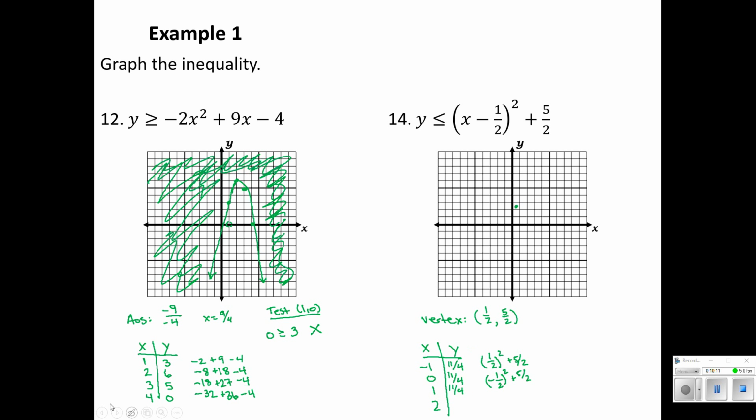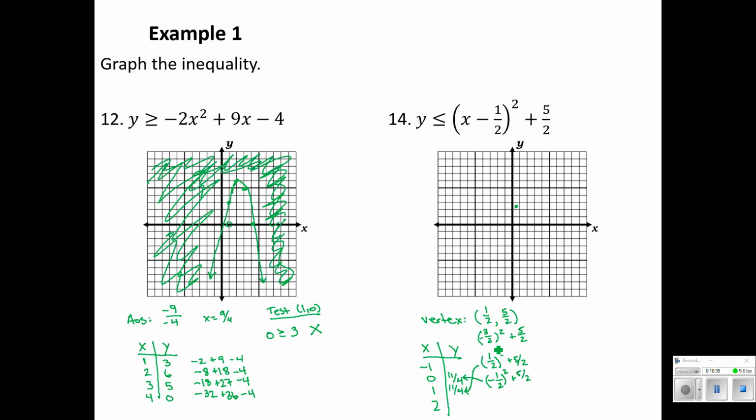Shoot. Okay. Just going to erase that. All right, so this work actually went to this solution. This work goes to this one. If I plugged in a negative 1, here's where I went wrong. Negative 1 minus 1/2 is negative 3/2 squared plus 5/2.